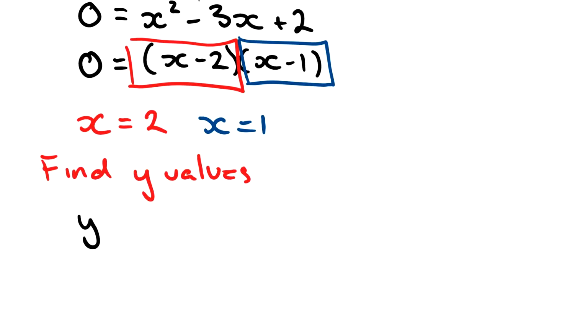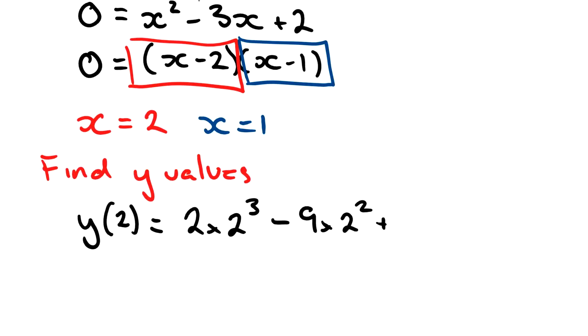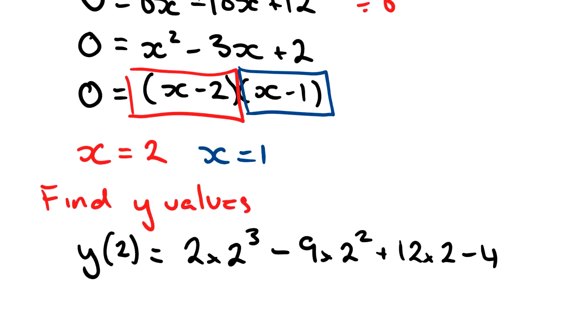For the first one, that just means I'm setting all our x values to 2. So what I get here is 2 times 2 cubed minus 9 times 2 squared plus 12 times 2 minus 4. You might be thinking, where did he get all these numbers from?